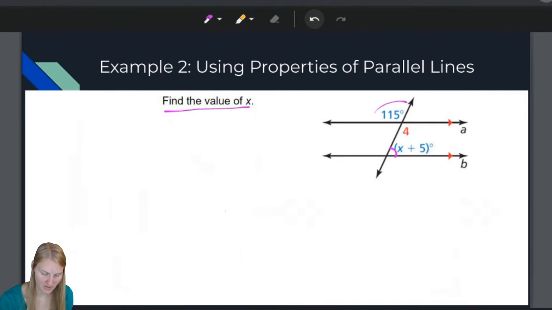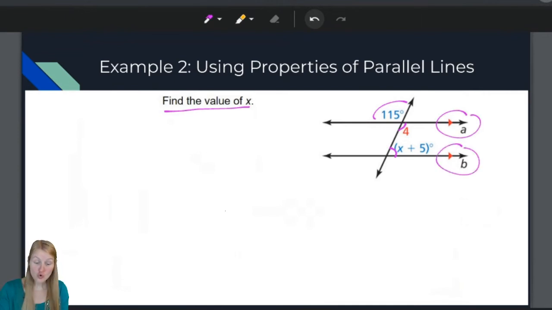We're given that this is 115. They put a 4 here. And aha, A and B are parallel. Remember, if the lines are parallel, then I know a lot of things. Corresponding angles are congruent, consecutive interior angles are supplementary. I know a lot of things if these lines are parallel.